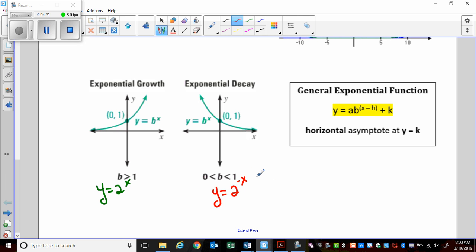What this really looks like is 1 over 2 to the x. Or we can pull this x out, and that can be 1 over 2 to the x. Okay, this is our generic or general function. Our horizontal asymptote is going to be when y equals k.